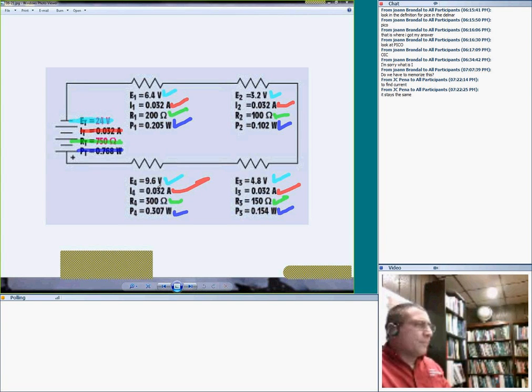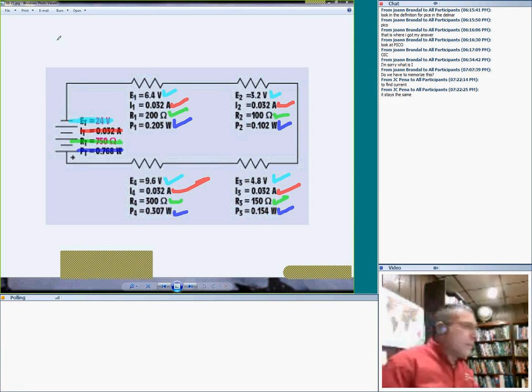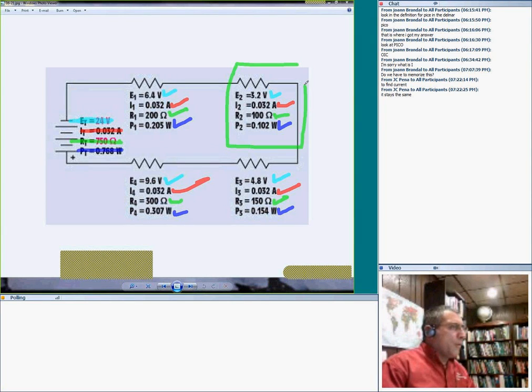Any questions? I emphasize, guys, that this is the single most important thing. I know it gets complicated sometimes when they start adding things, but you have to understand: you take it one branch at a time. If you know two things out of any branch, you can find the rest of them.